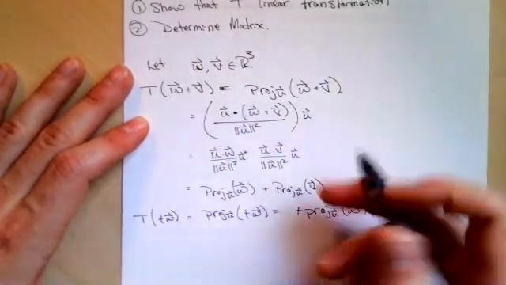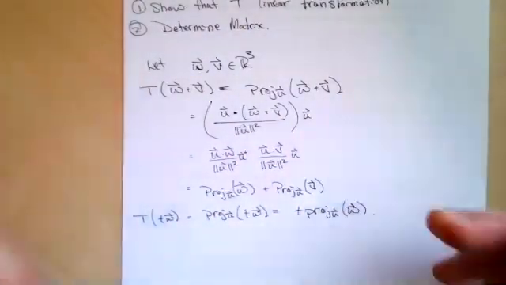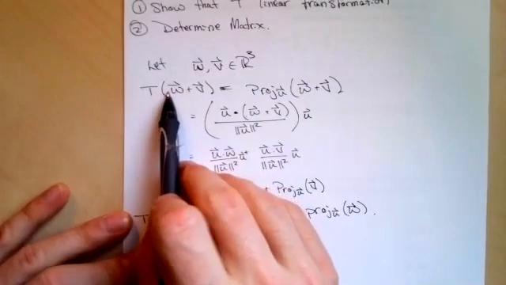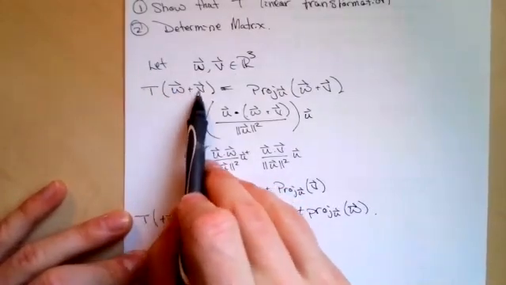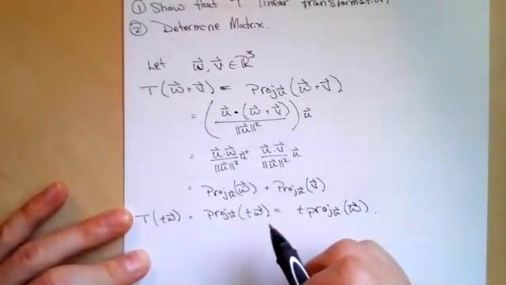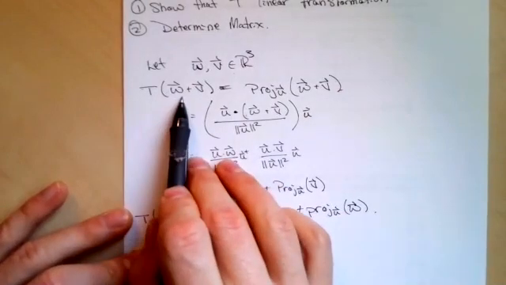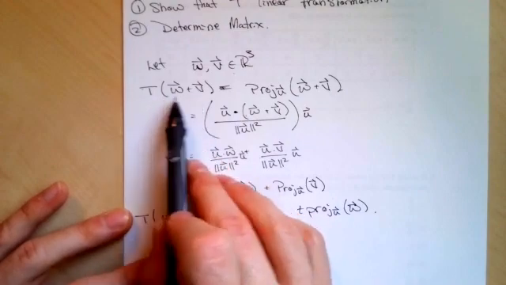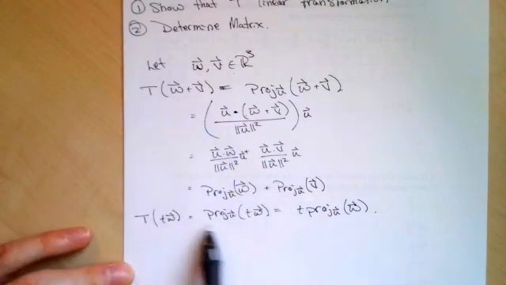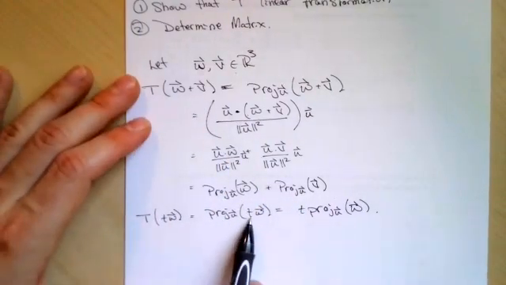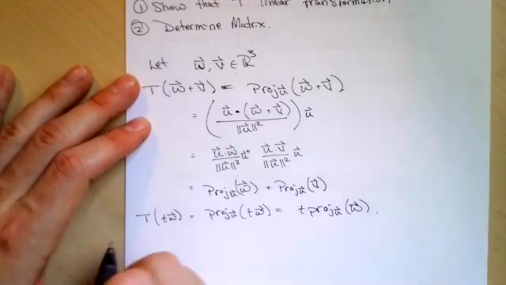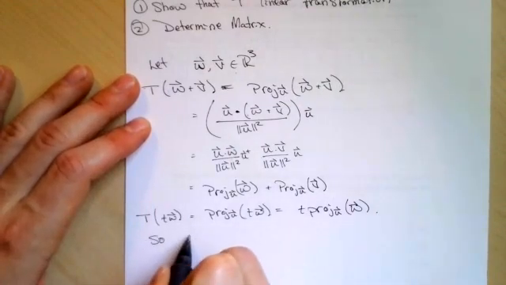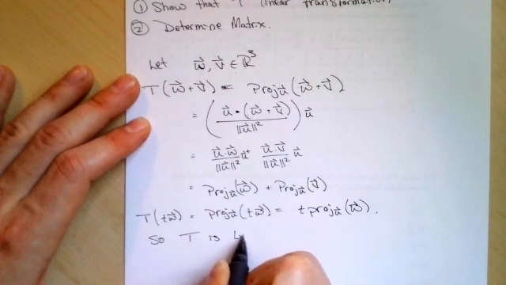With those two things, you could show them both in one step using the definition and taking linear combinations, S of W plus T of V, and go through the whole process. Or you can show that the transformation respects addition, and then separately show that it preserves scalar multiplication. And that shows linearity.